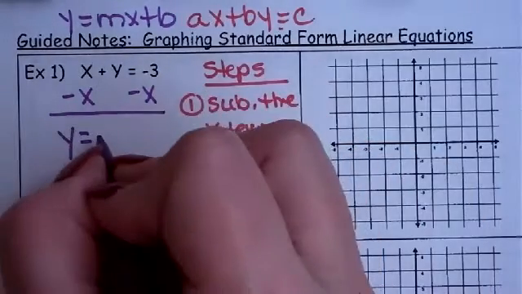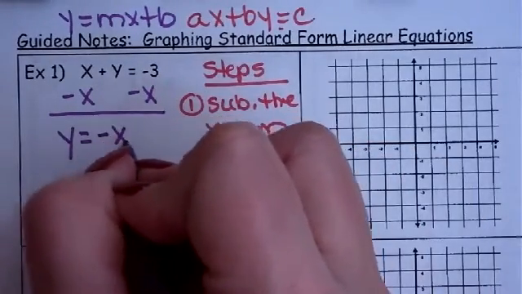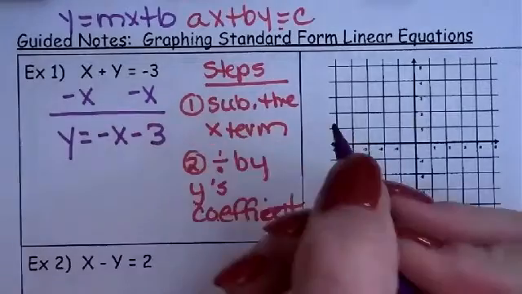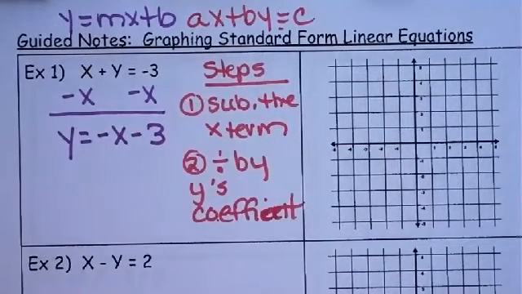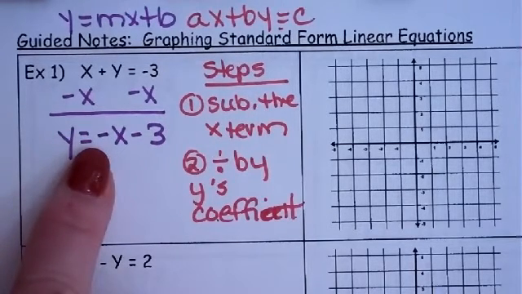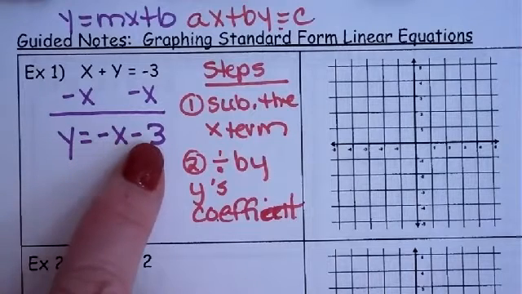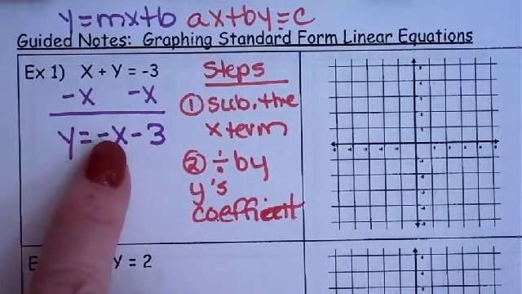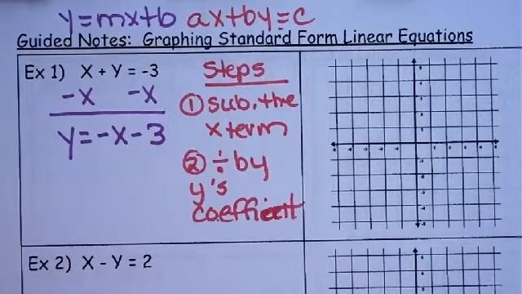So what it's going to look like is negative x minus 3, okay? Now, if I'd had a number here in front of y other than 1, I would divide in the next step. But luckily, this is that one-step situation, okay? So we're in slope-intercept form because we have y equals x and my b, mx plus b right here. So we're good to go.